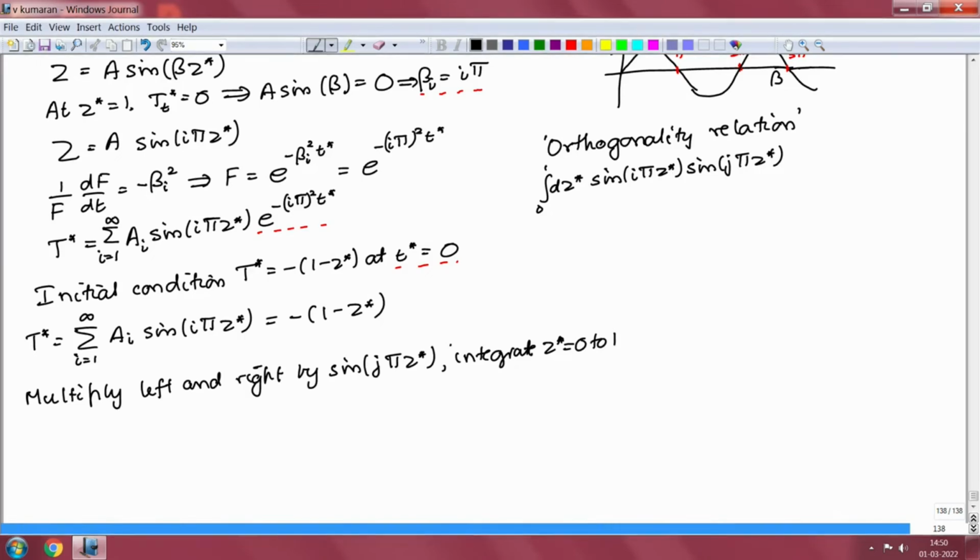of sine i pi z star times sine j pi z star. I have to use the product rule.